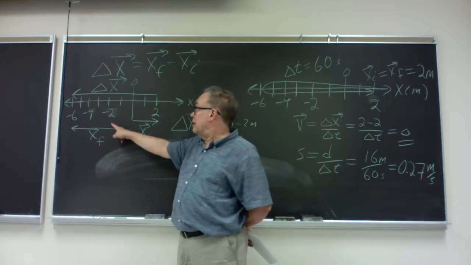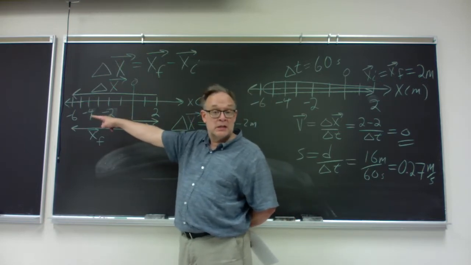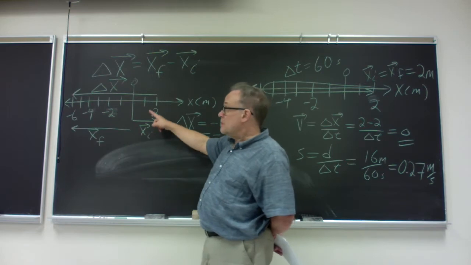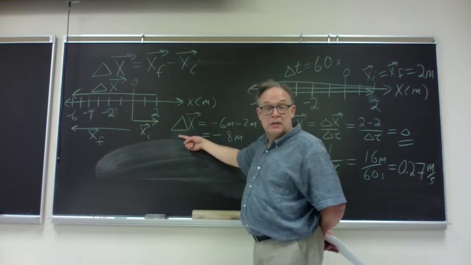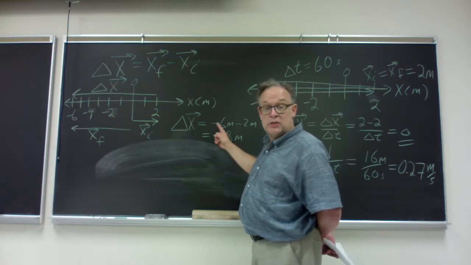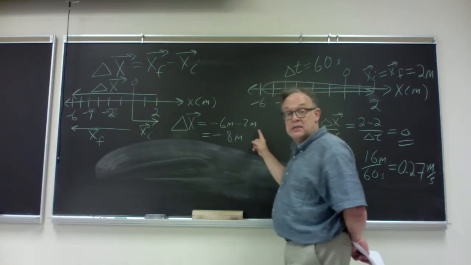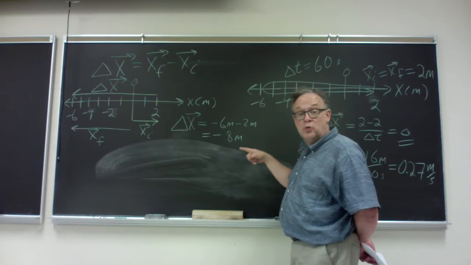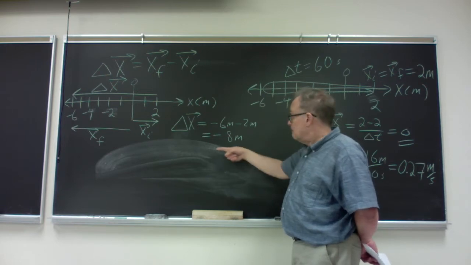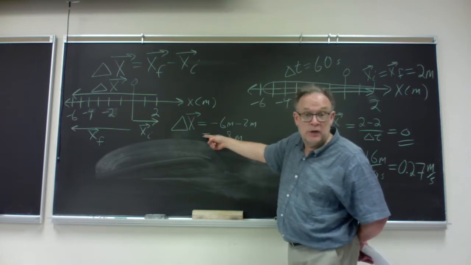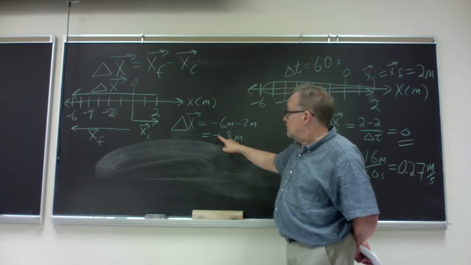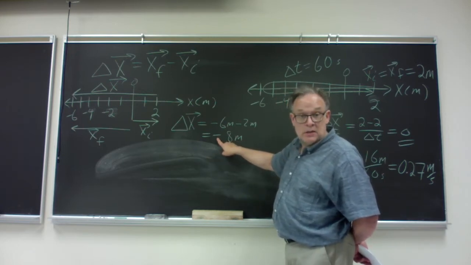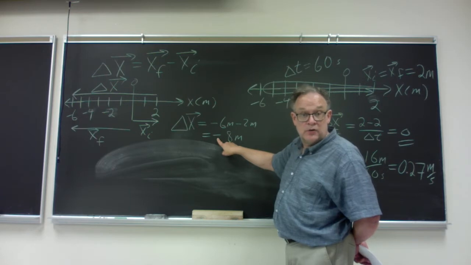And likewise, a final location of -6. So in that case, displacement, the change in location, is just the final value -6 minus the initial value of 2, or -8. Displacement is also a vector, just like position, and the sign tells us the direction of that vector.